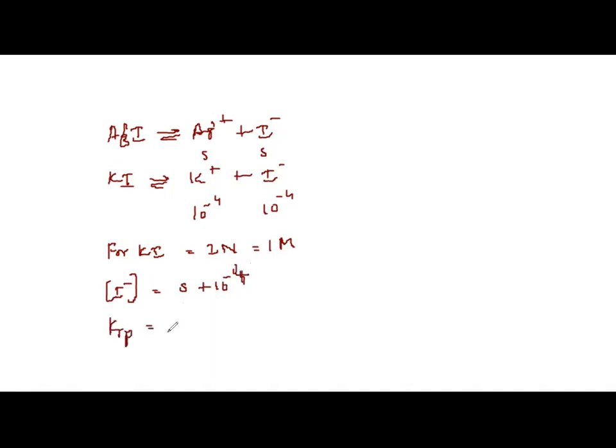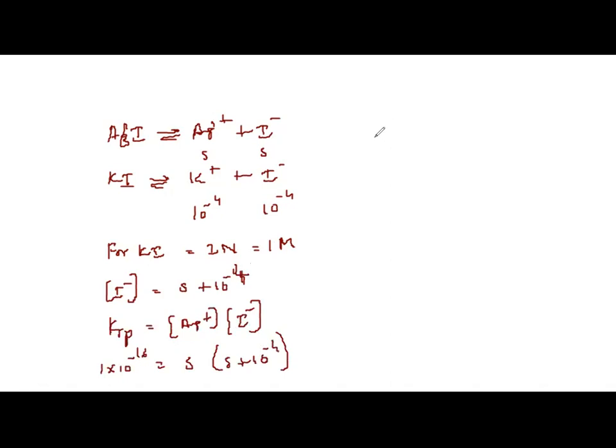KSP is equal to the molar concentration of Ag plus into the molar concentration of I minus. Ag plus is S, and I minus is S plus 10 raised to minus 4. KSP is 1 into 10 raised to minus 16.